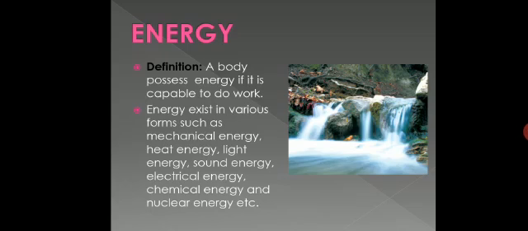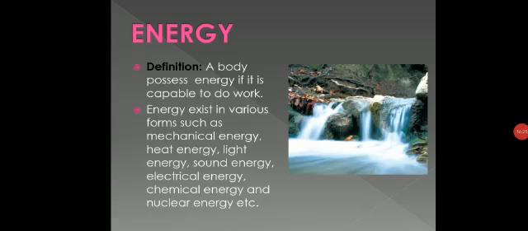Electrical energy, we can get from electric power stations such as hydropower stations, nuclear power stations, etc. Chemical energy, we get from food. And nuclear energy, we can get from nuclear power plants, where fission and fusion can cause nuclear energy. Energy can be transformed from one form to another.